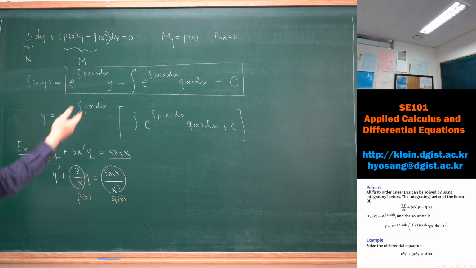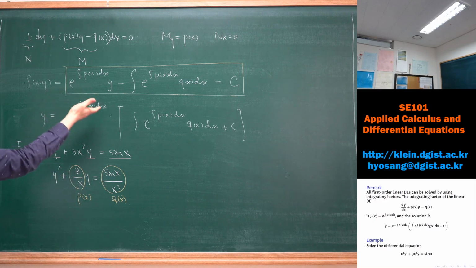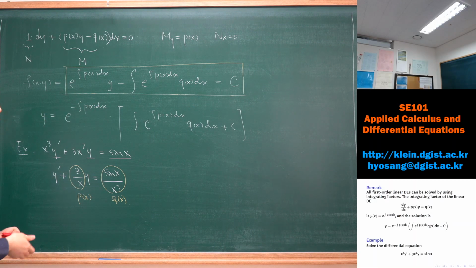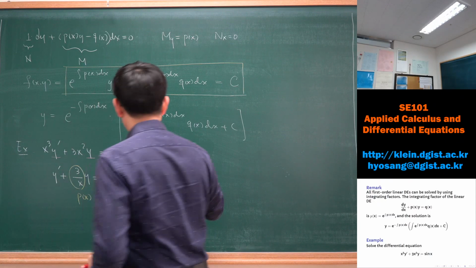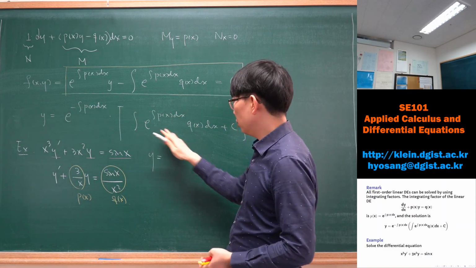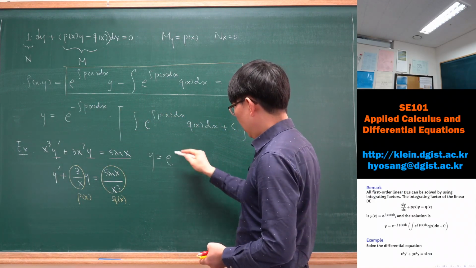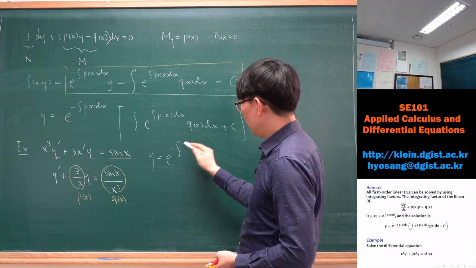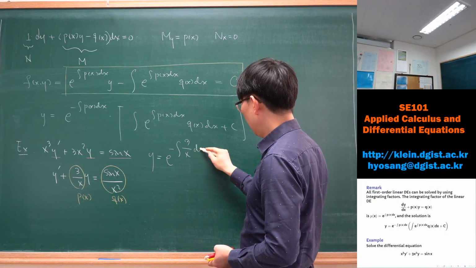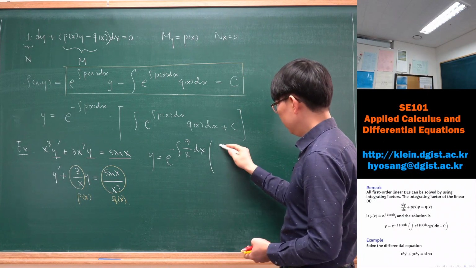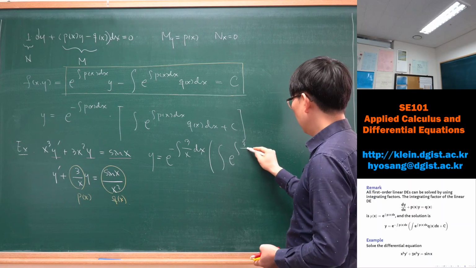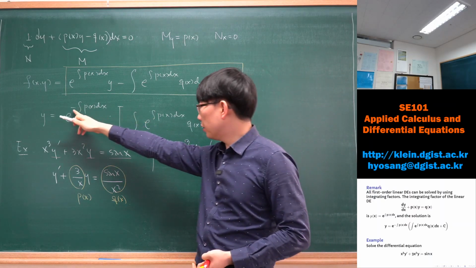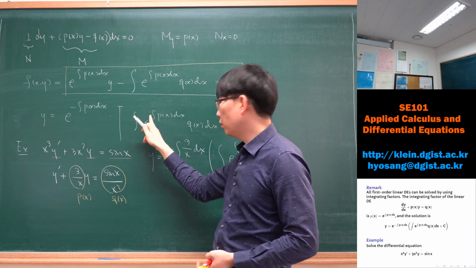And since we already derived this formula with integrating factor, you can simply plug in your p and q in the formula. So the solution y is equal to e to the minus integral of p, which is 3 over x dx, times integral of e to the, so be careful, there is a negative sign here, but there's no negative sign here.